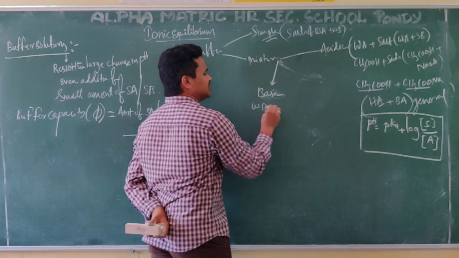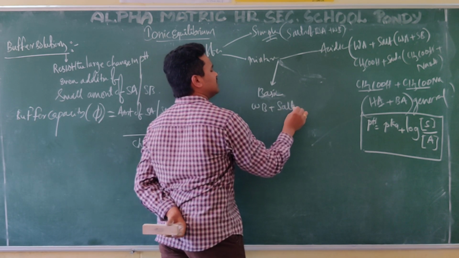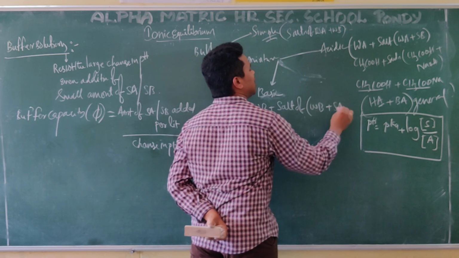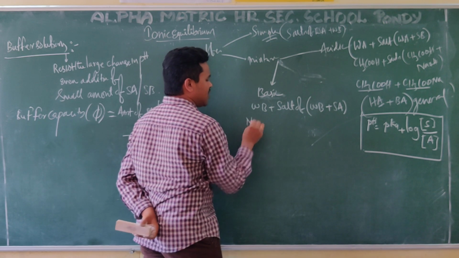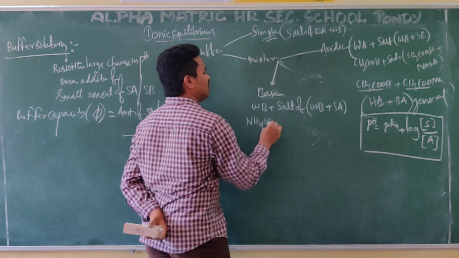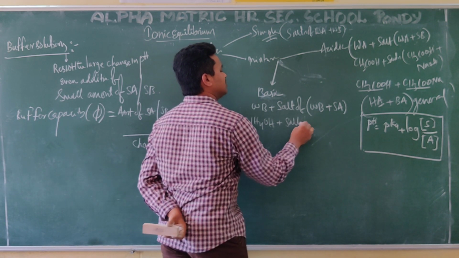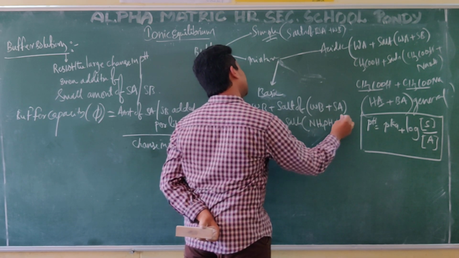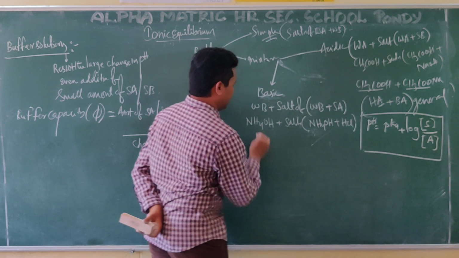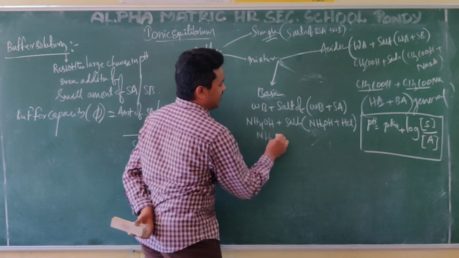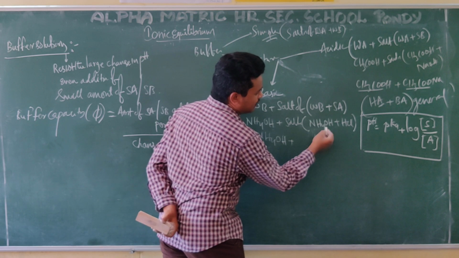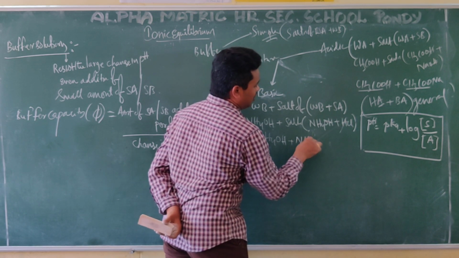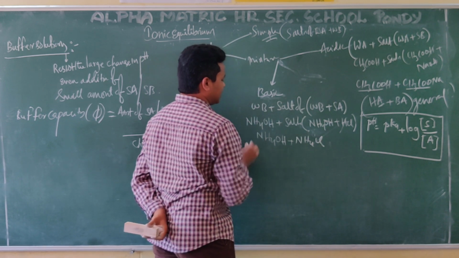A basic buffer has a weak base and its salt, again, of the weak base with a strong acid. What is a weak base? We know NH4OH. For the salt, NH4OH, a weak base, plus the strong acid HCl. Remove the OH from the base and the H from the acid. What comes is NH4Cl.